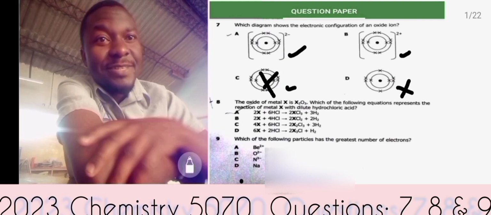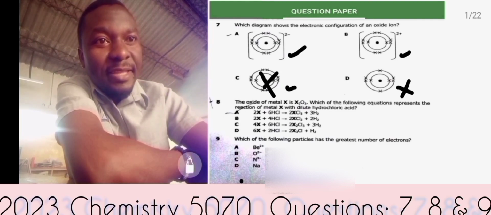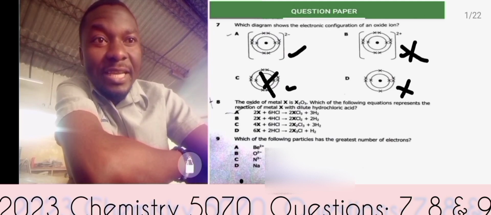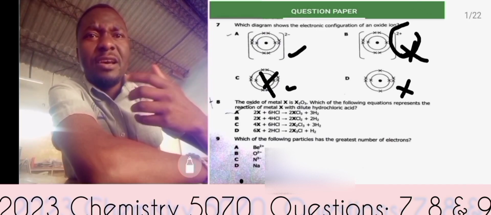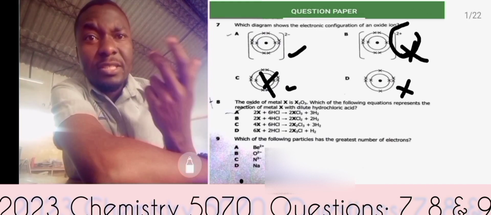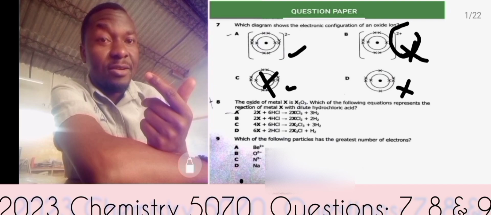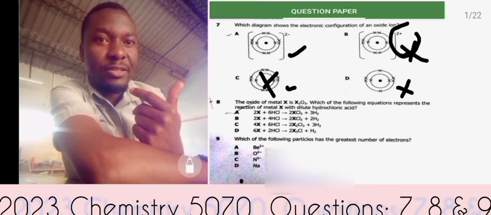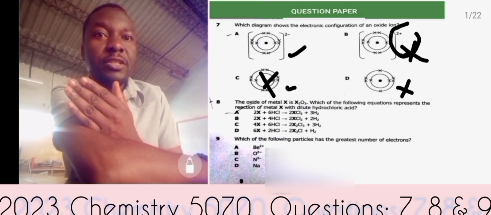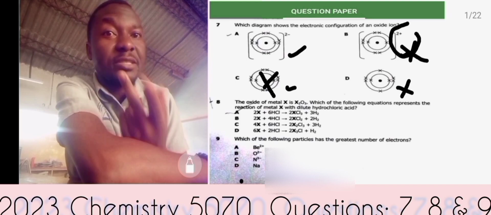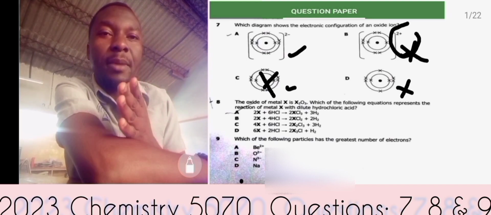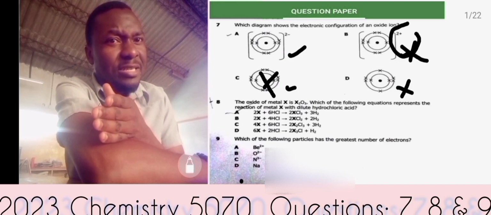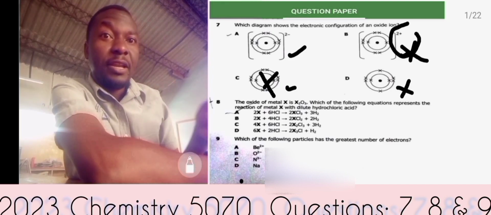What about this one, B? B is also disqualified because it has a positive charge here. A positive charge means that atom has lost electrons instead of gaining. Any atom that gains electrons becomes negatively charged, and anything that loses electrons becomes positively charged, because the number of positive particles in it is more than the number of negative particles.